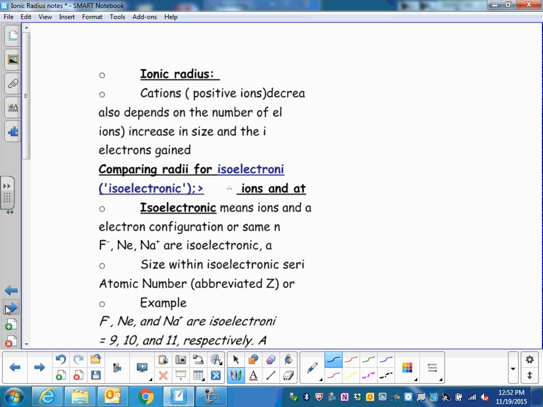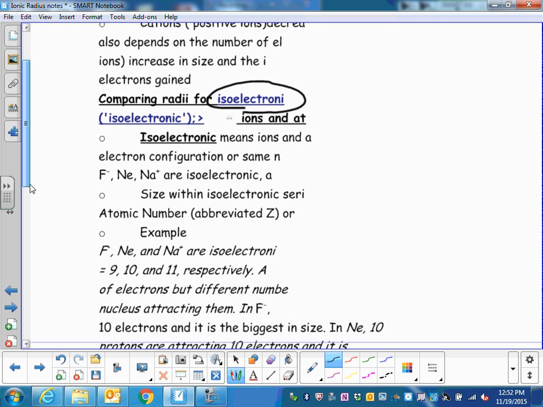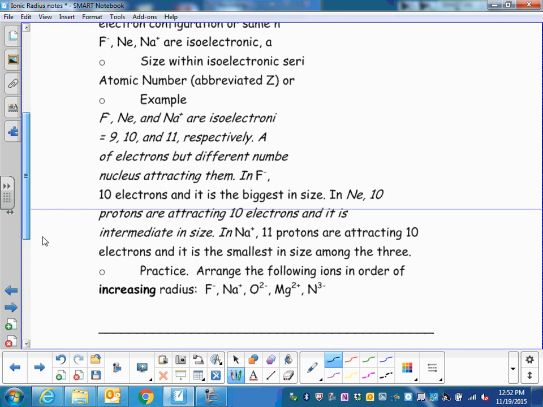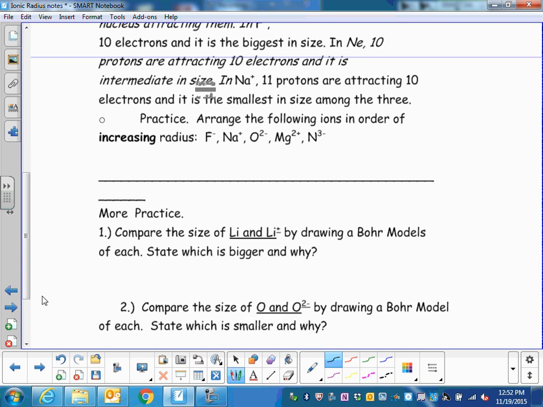We are now interested in isoelectronic atoms and ions. What does the word iso mean? Iso means what? Same numbers. Is that right? Let's look at these elements. All right? How do you look at these elements? You have to first look at a noble gas.